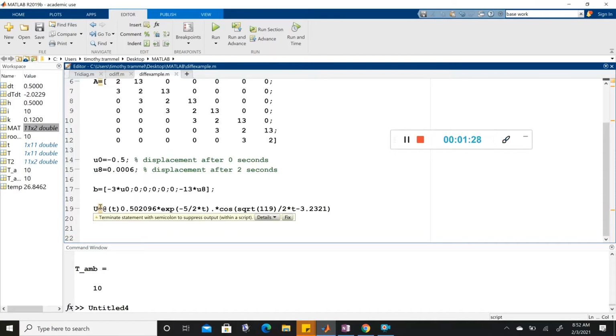And then the next thing I have here is actually the solution. Okay, and maybe let's plot it real quick, just see what it looks like.